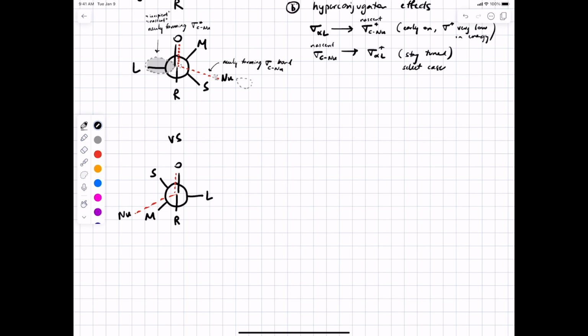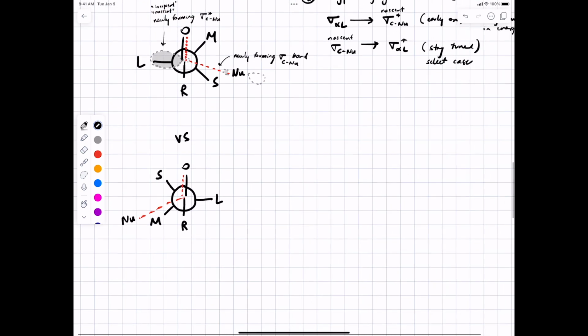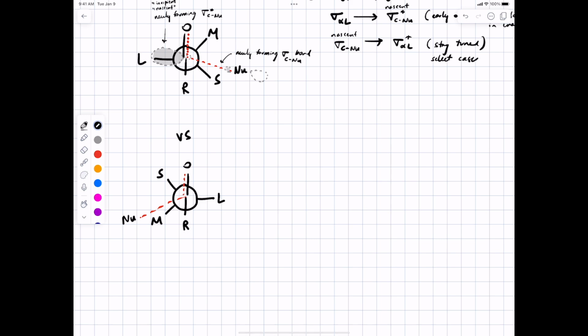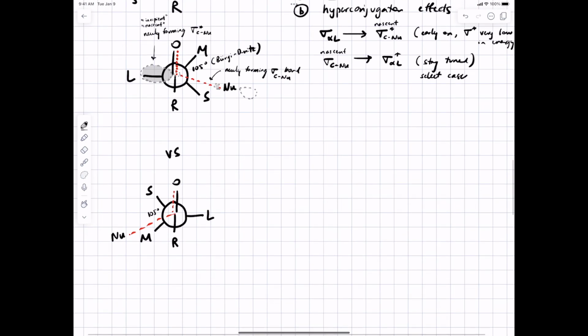Again, I'm not going to draw the hyperconjugation happening here. You can imagine it by analogy to what's going on before. But again, we're going to say that we approach mostly consistent with the Bürgi-Dunitz angle. Okay? Now, look at these two. Which do you think is lower in energy?